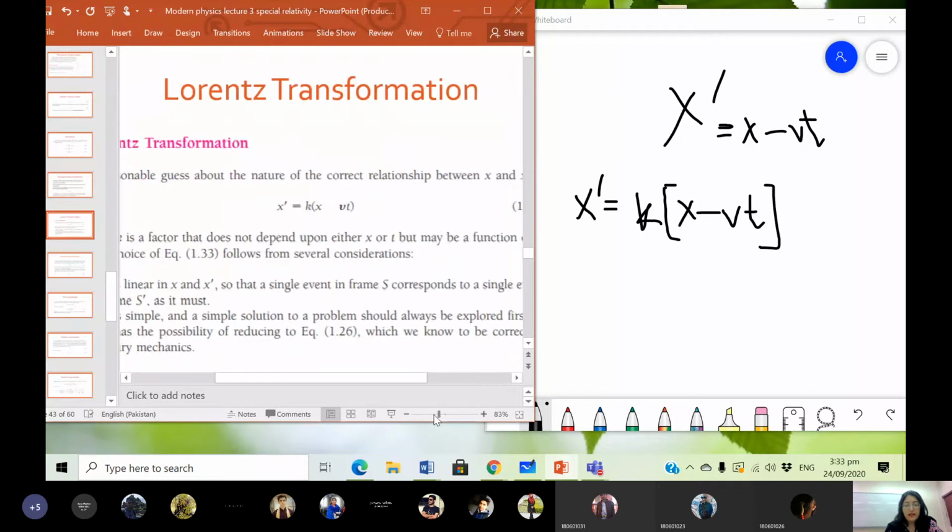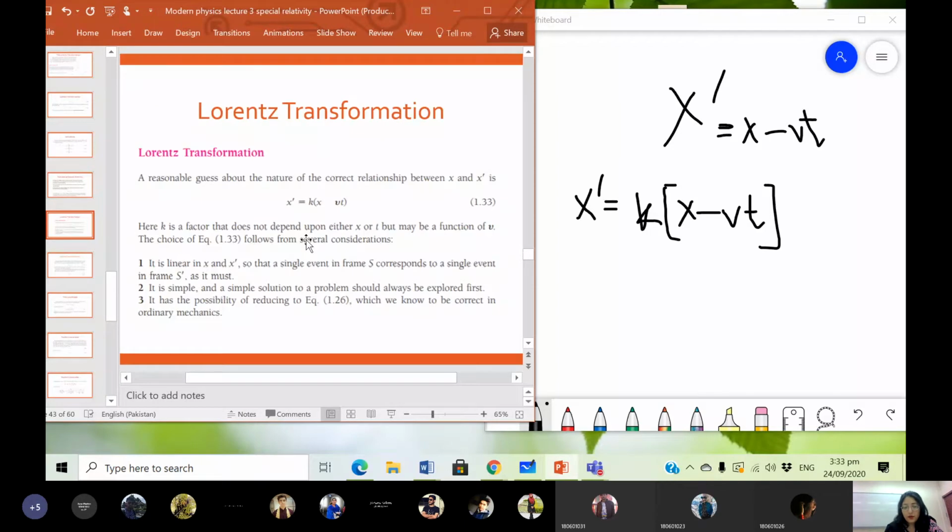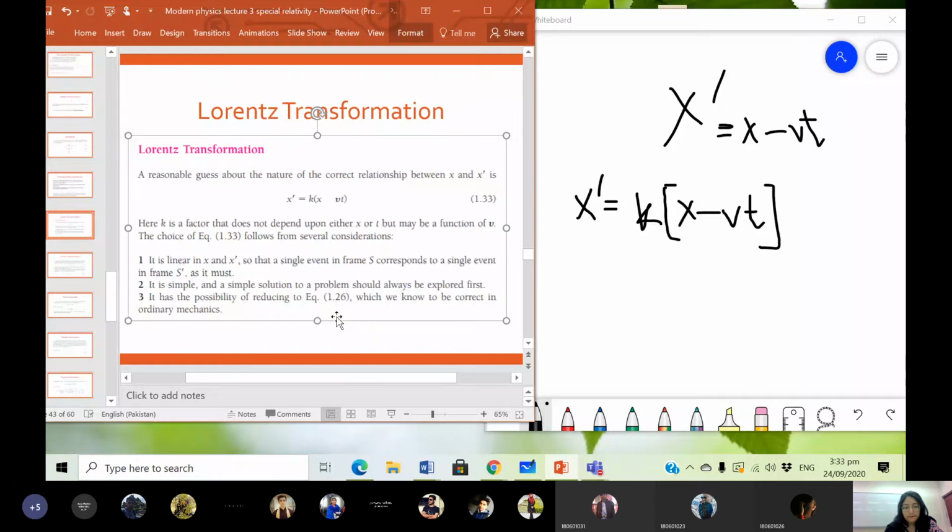Here, k is a factor that does not depend on either x or t, but it can be a function of the velocity. So k does not depend on the x, it does not depend on the time, but it can depend on the velocity. Why are we doing it like that?